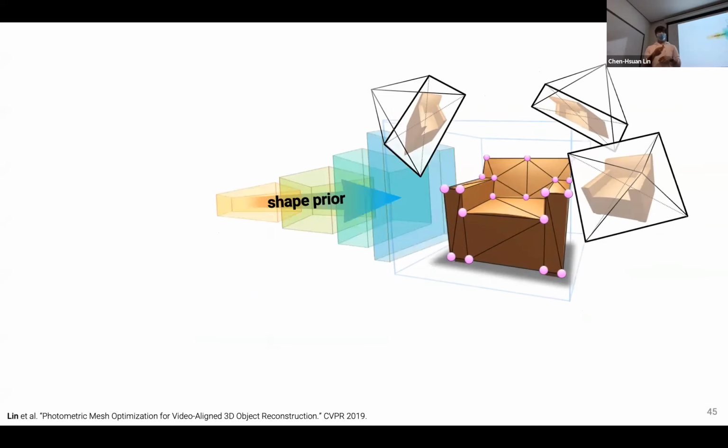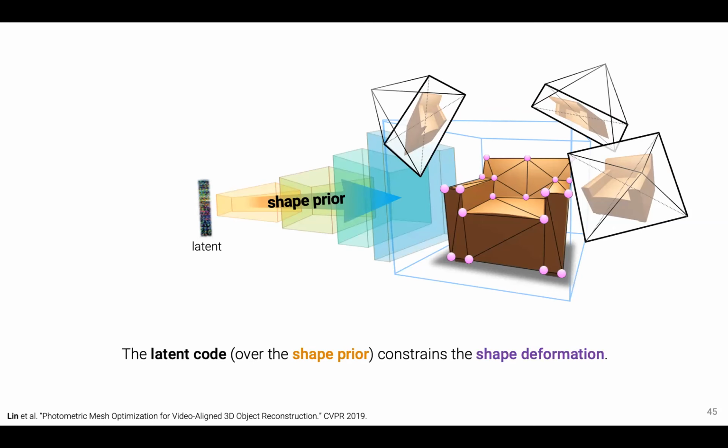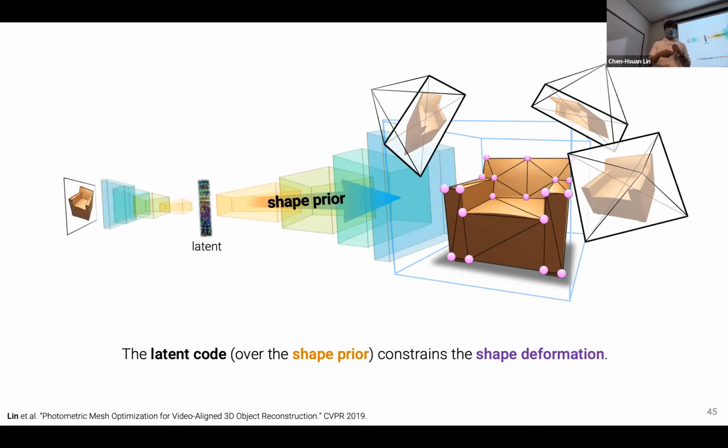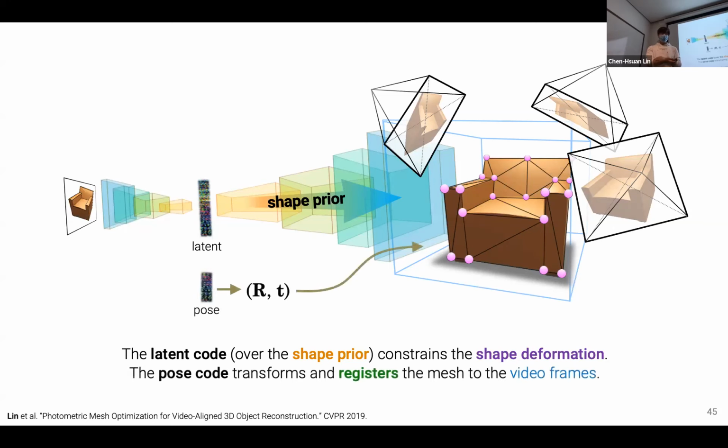And so in practice, because we're assuming that we have a pre-trained shape prior with a neural network, we can define all the triangle meshes that are constrained by this shape prior by optimizing over the latent space, which is initialized with one of the frames using the pretrained network. Then we just optimize over this learned latent space with the network weights frozen.